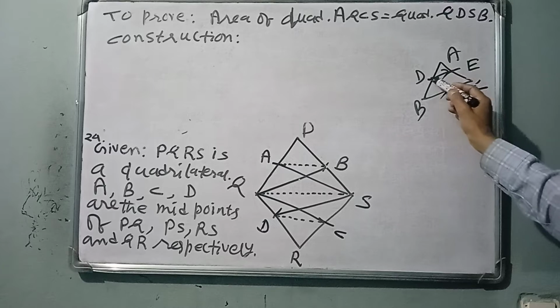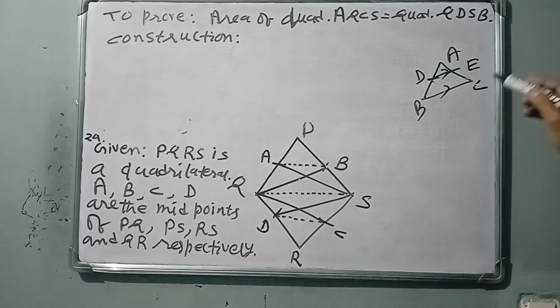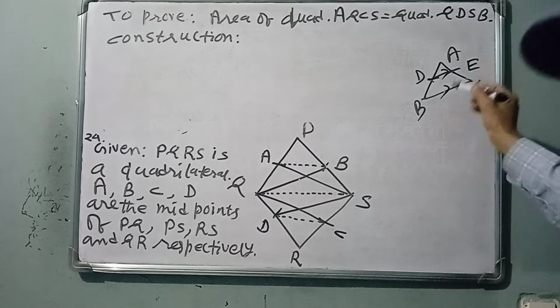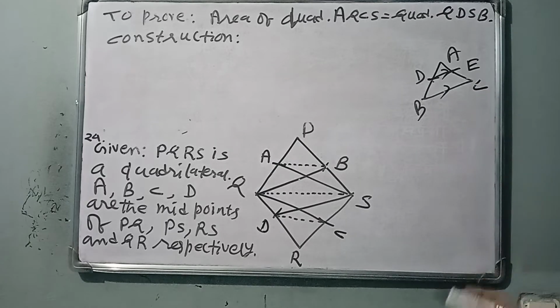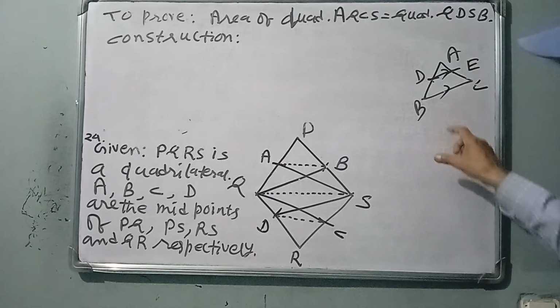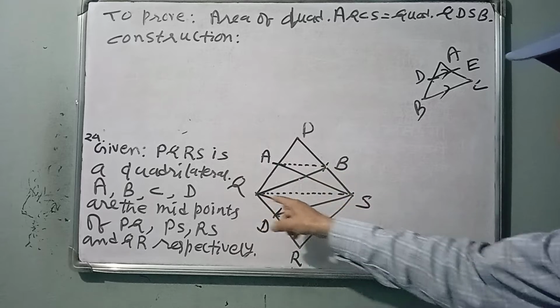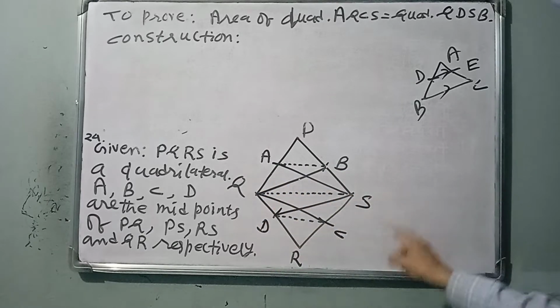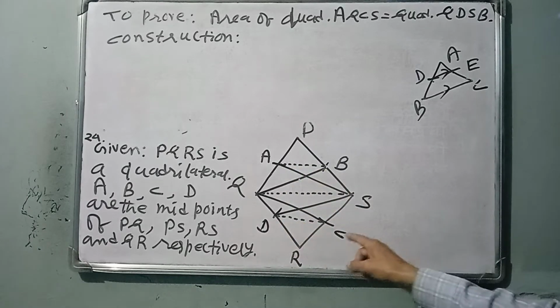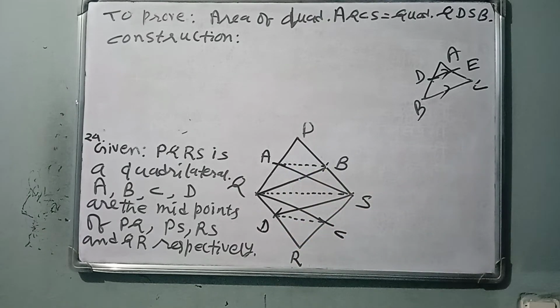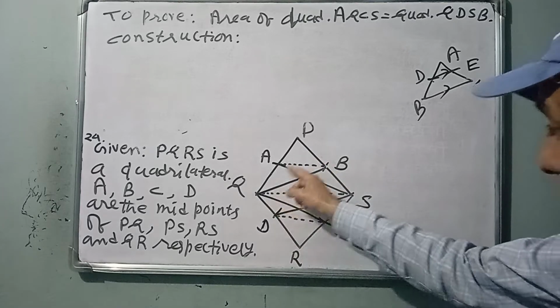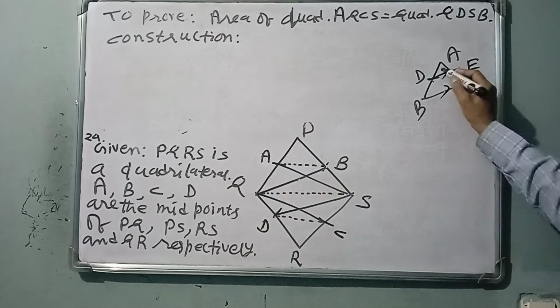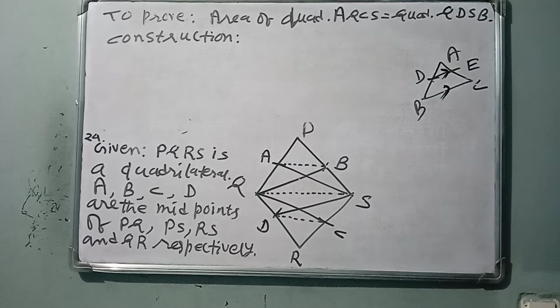The line joining the midpoints of two sides of a triangle is parallel to the third side and half of it. AB is parallel to QS and DC is also parallel to QS. So AB and DC are equal and parallel. Both are equal and AQ is already joined. So use the midpoint theorem.